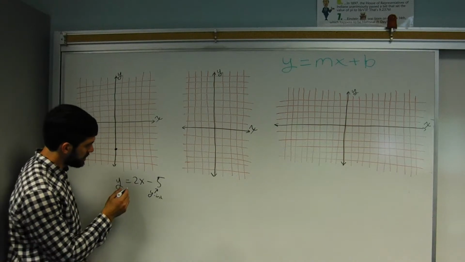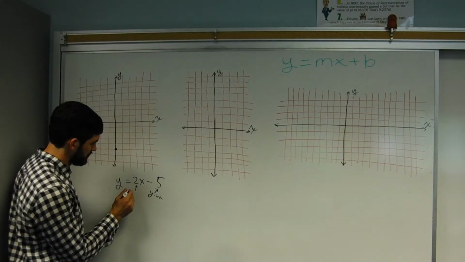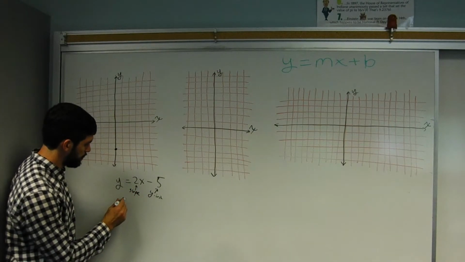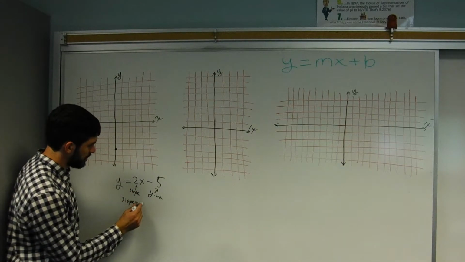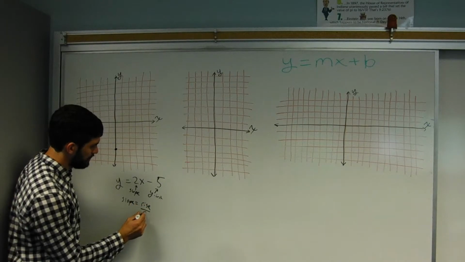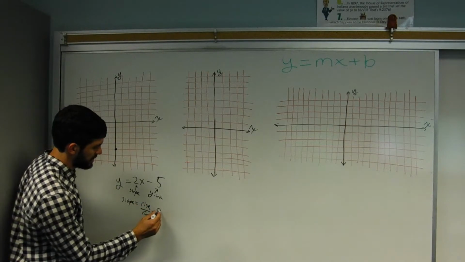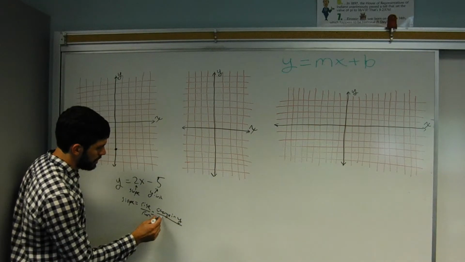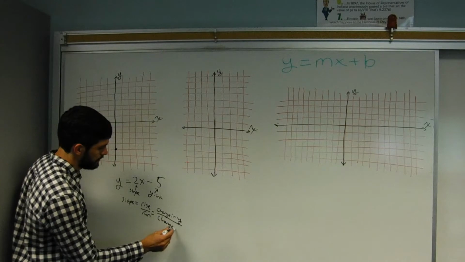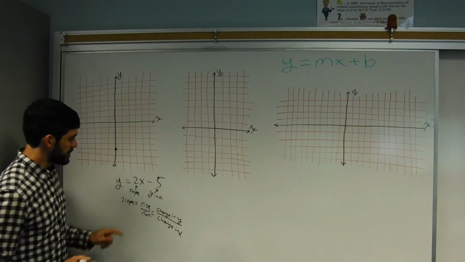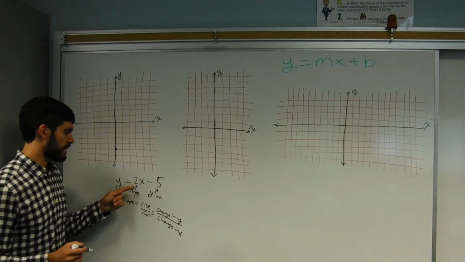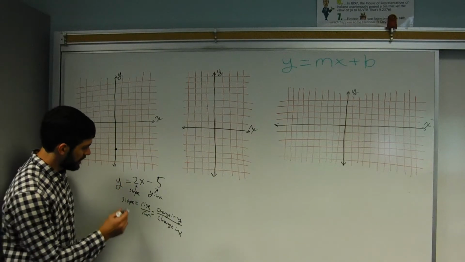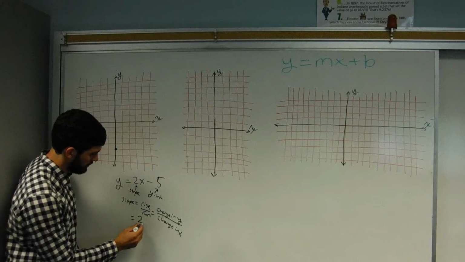Now our slope is 2. If you recall, our slope is equal to our rise over our run. We could also write as our change in y on top of our change in x. Whenever you see a slope that's just a straight up number like this, it's implied that there's a 1 under it.